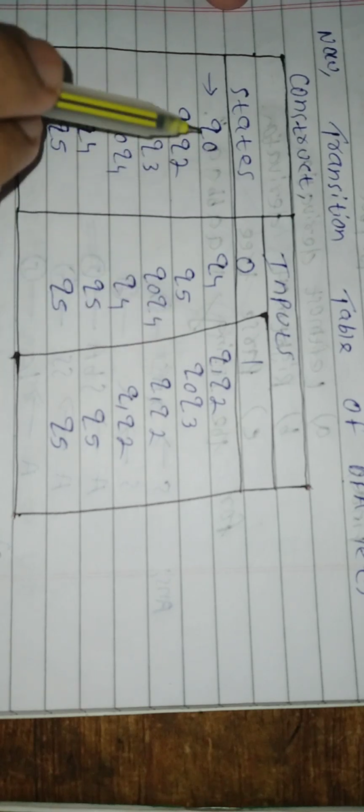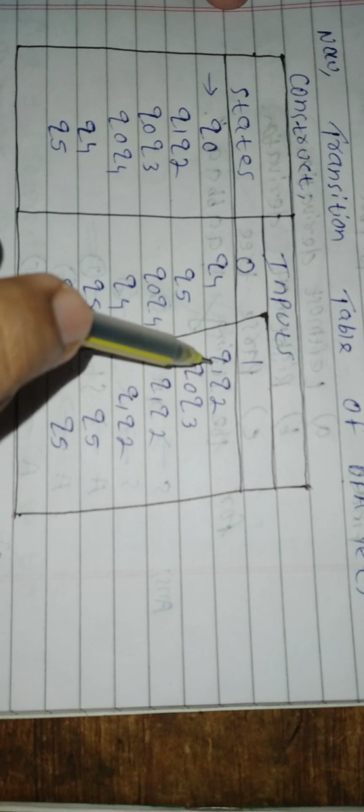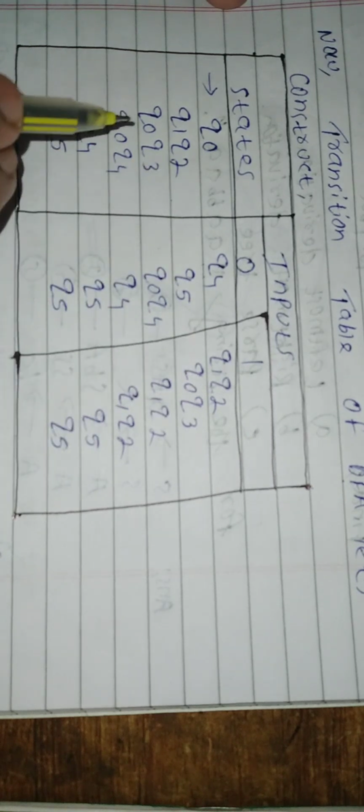So in the DFA we have to combine these two states and form one new state, that is Q1Q2. And now we have to construct this transition table of the DFA according to the new states we get in this input column. Like here Q1Q2 and Q4 are the two states, so we write these two states in this column. Now Q1Q2 is a new state, so we write it here.